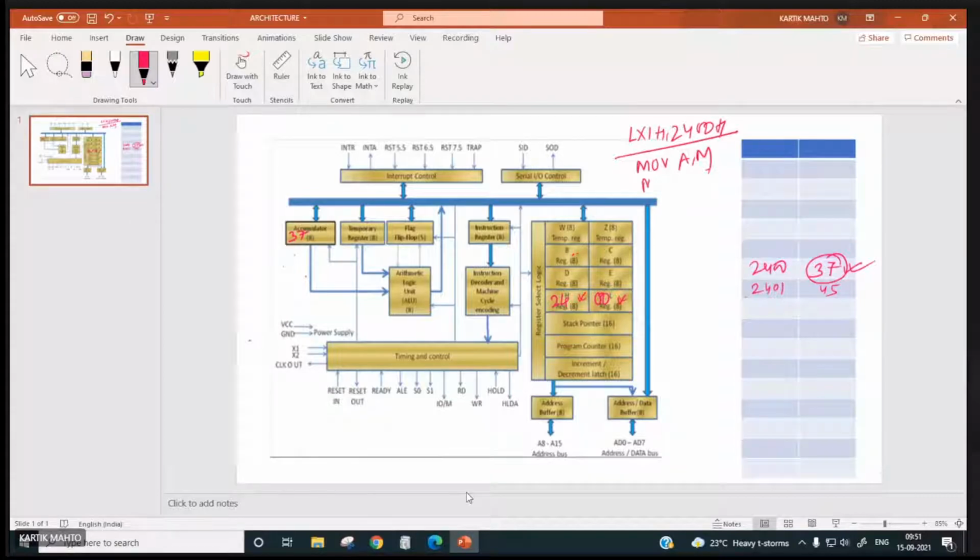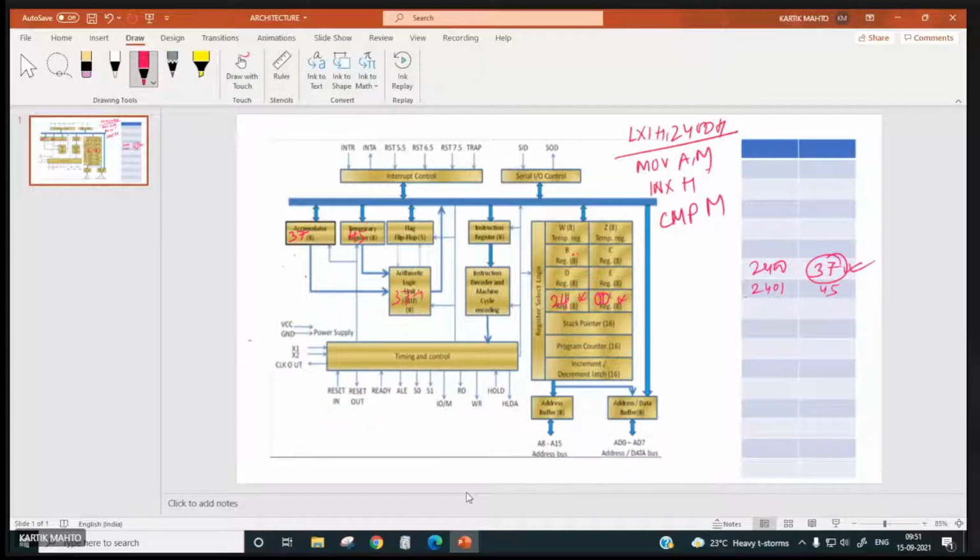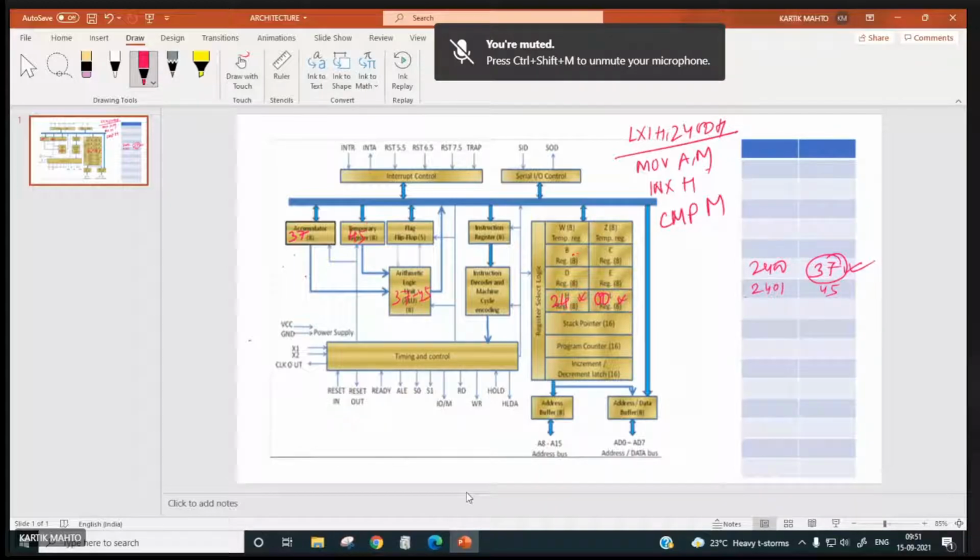Now I am doing INX H. Now if you do, say, compare M, what will happen? 45 will be copied over here. Then 37 minus 45 will be done. So what will happen?